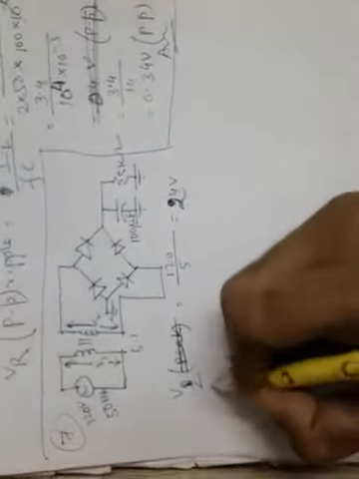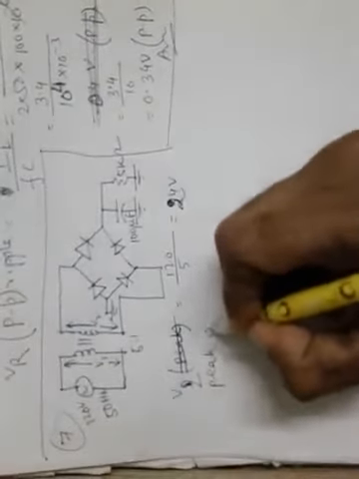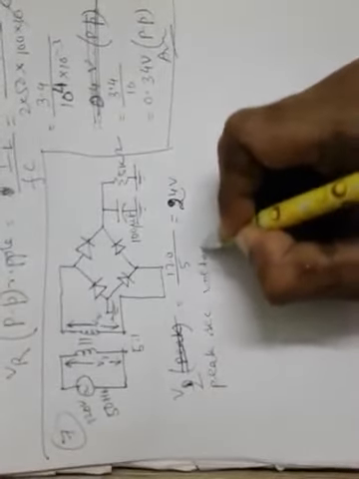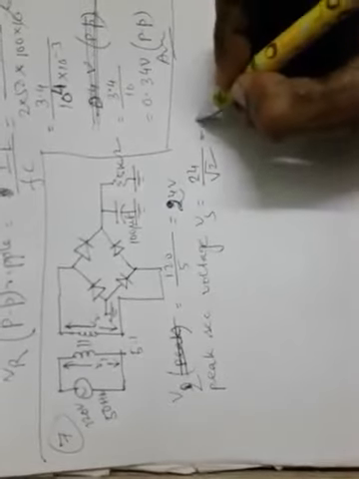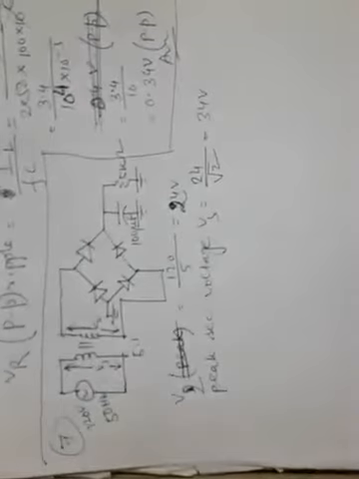Then the peak secondary voltage Vs is 24 into root 2, sorry, not divided by. So this is the peak secondary voltage, 24 into root 2, that is 34 volt, like the previous problem.